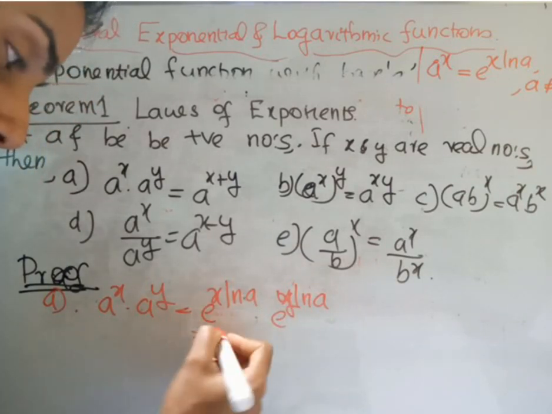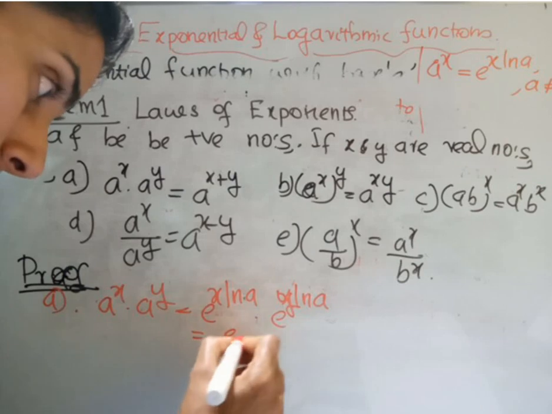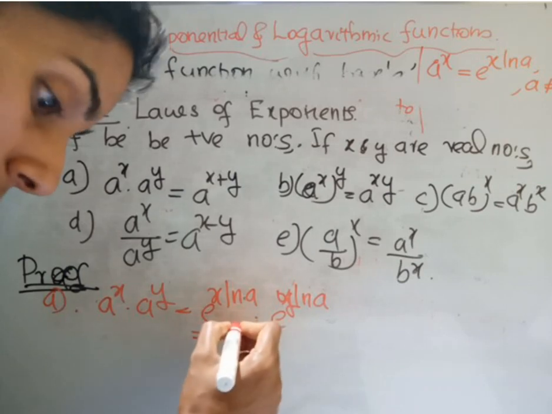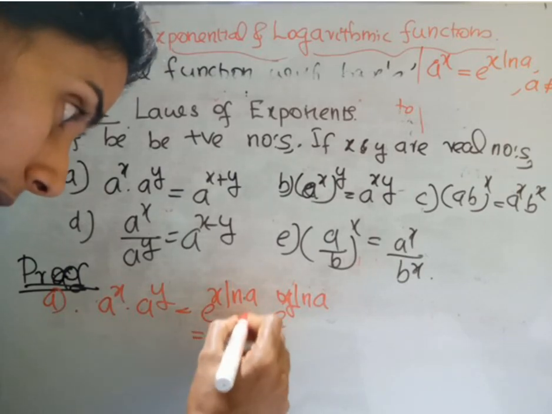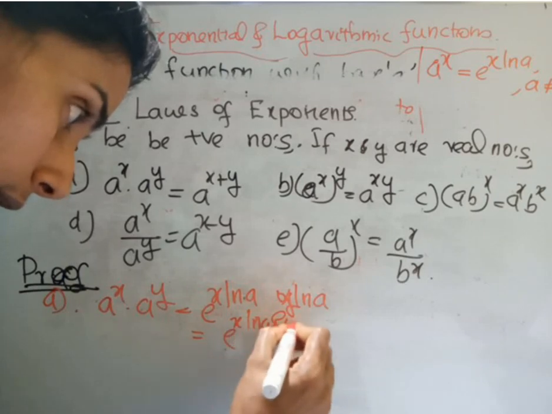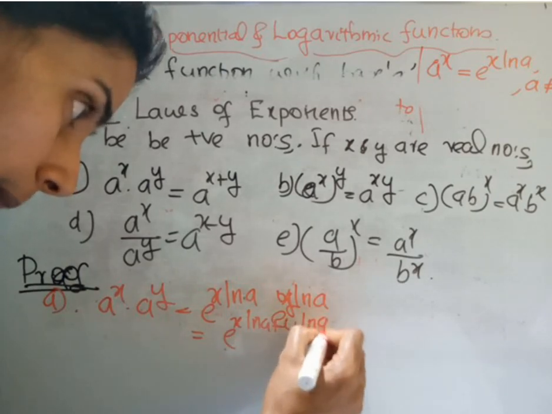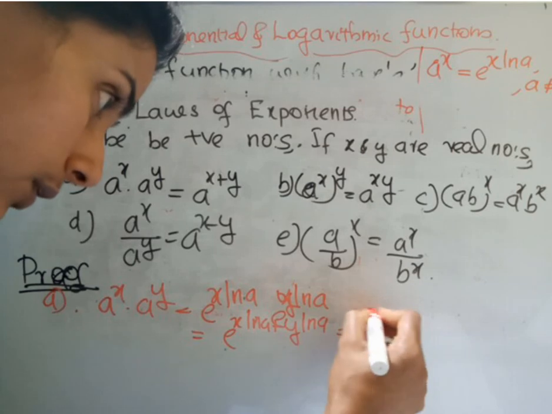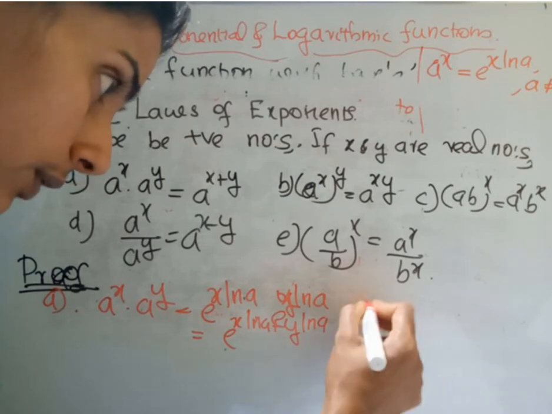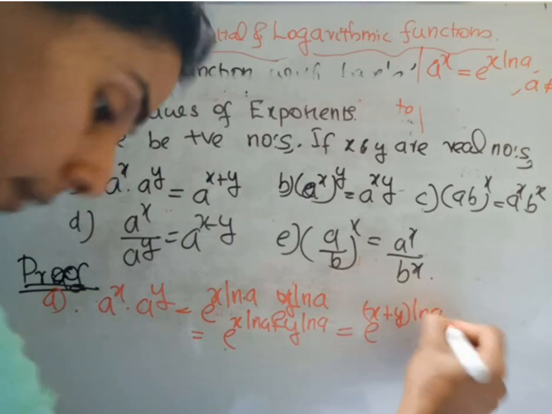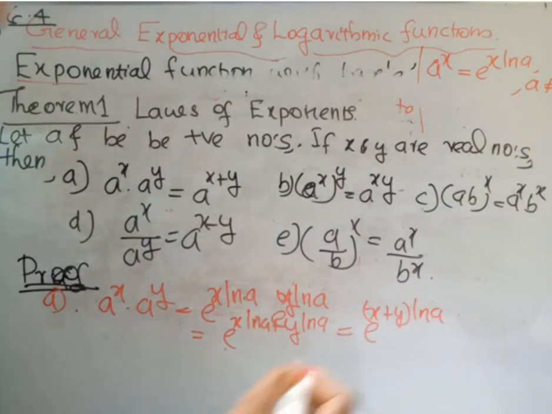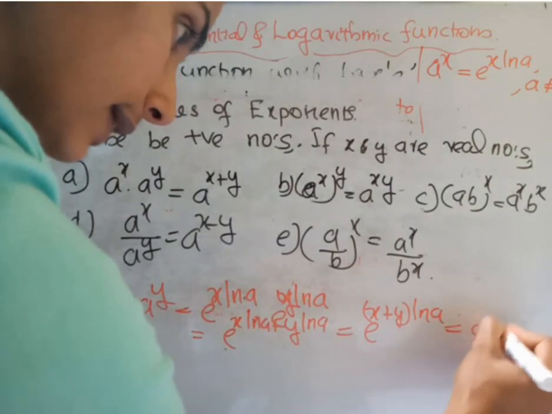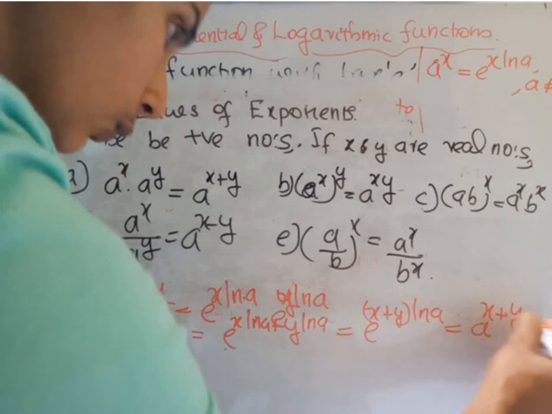So by the definition of the exponential function, using the results of the exponential function, this is equal to e raised to x log a plus y log a. This is equal to e raised to x plus y times log a. This is the same as a raised to x plus y.